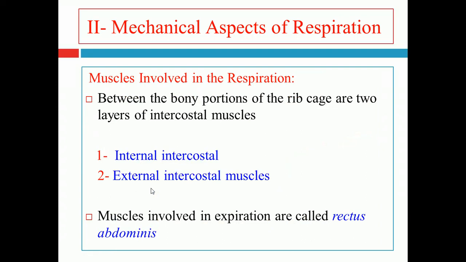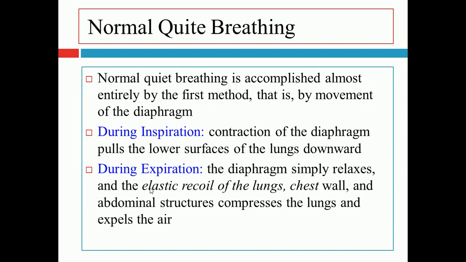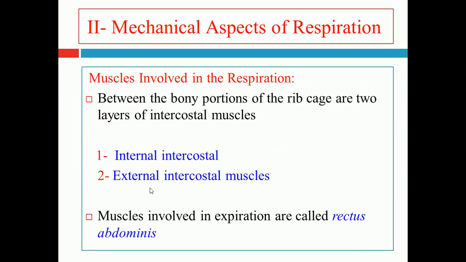So the second aspect is the mechanical aspect of respiration. It involves the muscles, and how the movement of muscles will affect breathing. The muscles involved in respiration are the internal intercostal and external intercostal muscles, and these are between the bony portion of the rib cage, the bones.